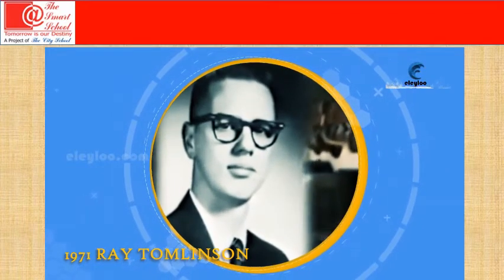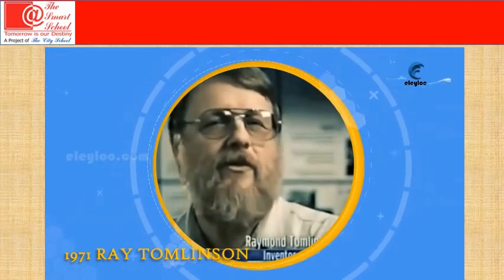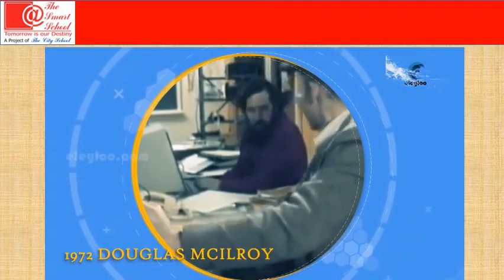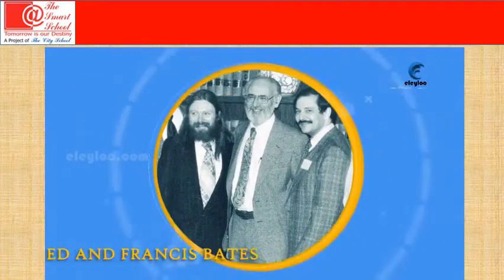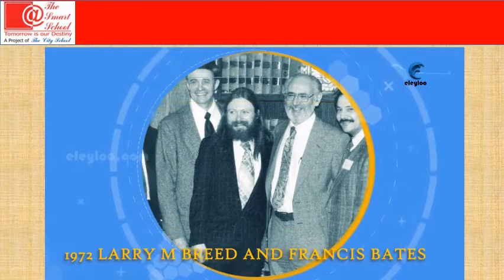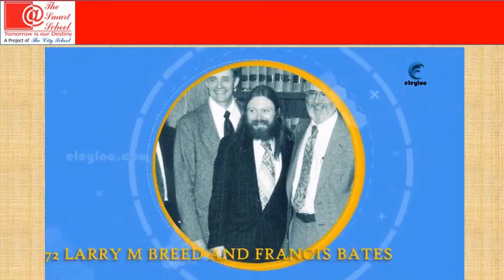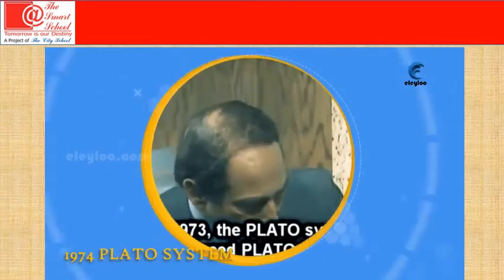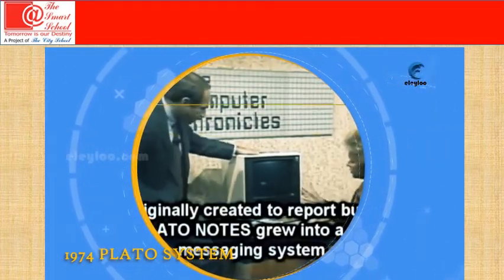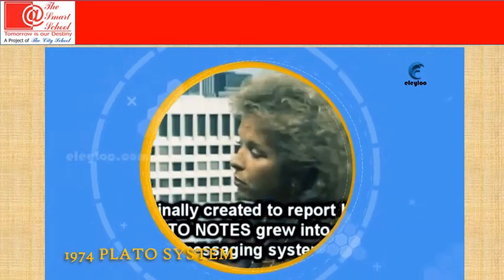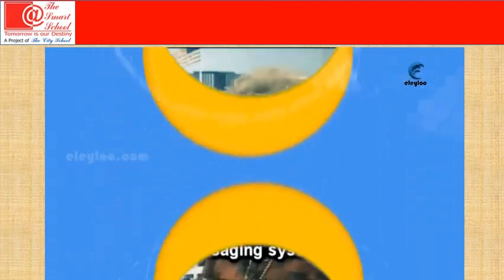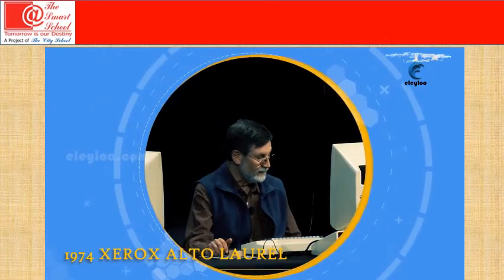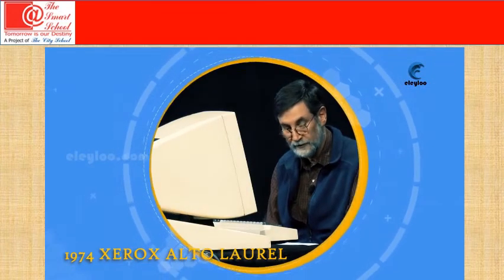He wrote the first program to send messages over a network, and he chose the @ symbol for use in email addresses. 1972, Douglas McIlroy created the Unix mail program. 1972, Larry M. Breed and Francis Bates III created APL Mailbox. 1974, the Plato IV Notes online message board system was generalized to offer personal notes in August 1974. 1974 to 77, Xerox Alto Laurel email client, followed later by Hardy.